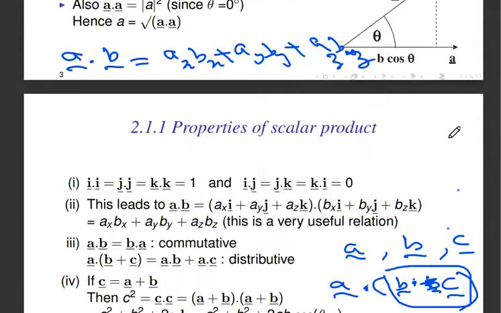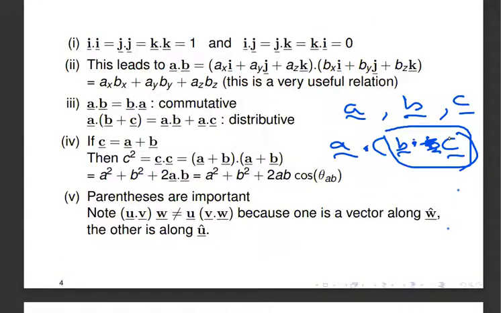So this is the dot product, but this is the scalar product. When you take the dot product of B and C, this gives you a scalar. This vector is multiplied by this scalar, right? So you have to be careful.